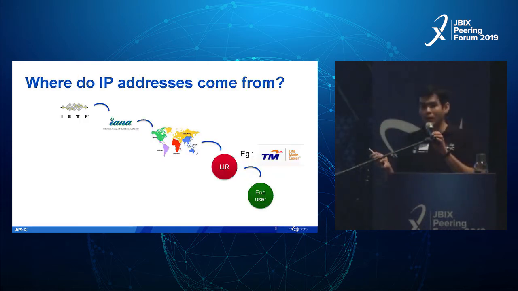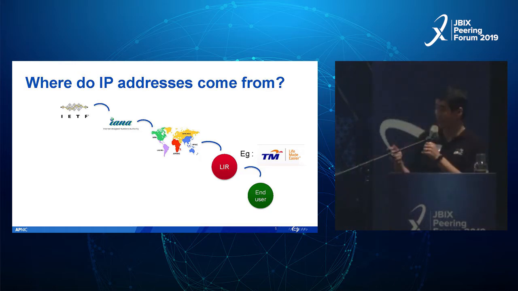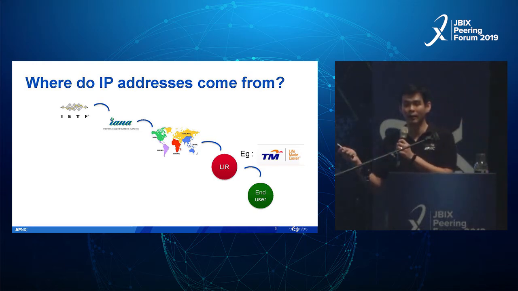So, for those who are not aware, where do IP addresses actually come from? IP addresses come from an engineering body called the IETF. They set the standards, for example, IPv4 and IPv6. After that, it is distributed to the INR, and the INR then distributes to the 5 RIRs in the world.